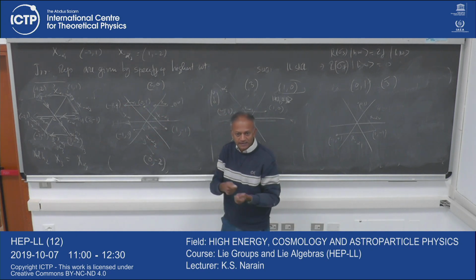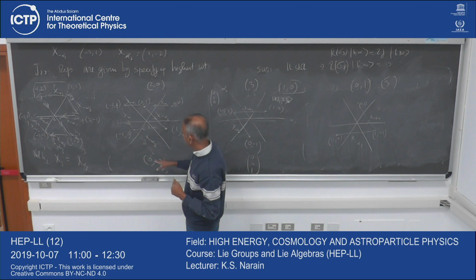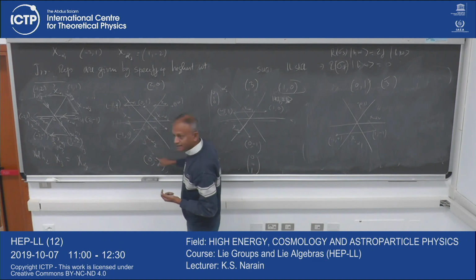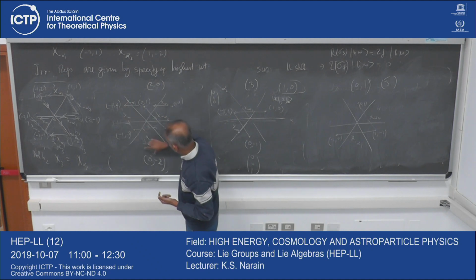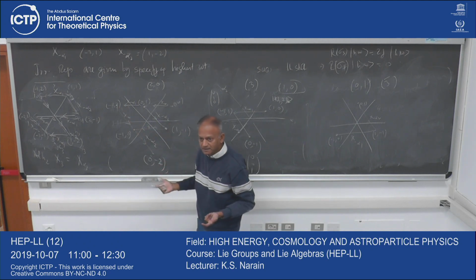Meaning that these two states are not linearly independent. One of them is proportional to the other. So you get one here and here is one. Then these numbers must match, because in this SU2 triplet, the quantum numbers 2 and minus 2 must have the same multiplicity.